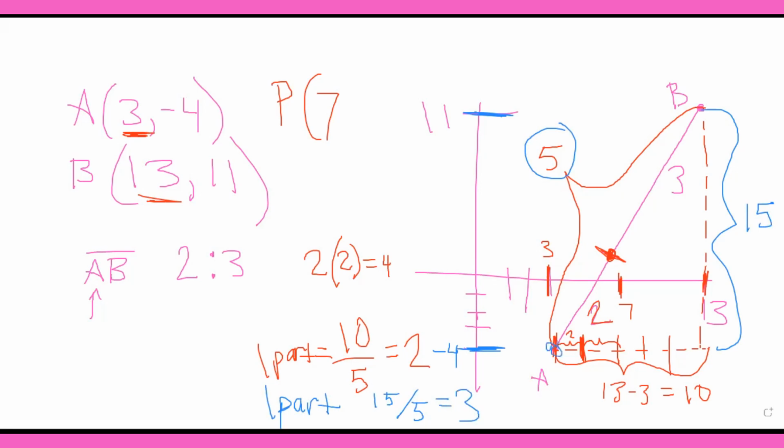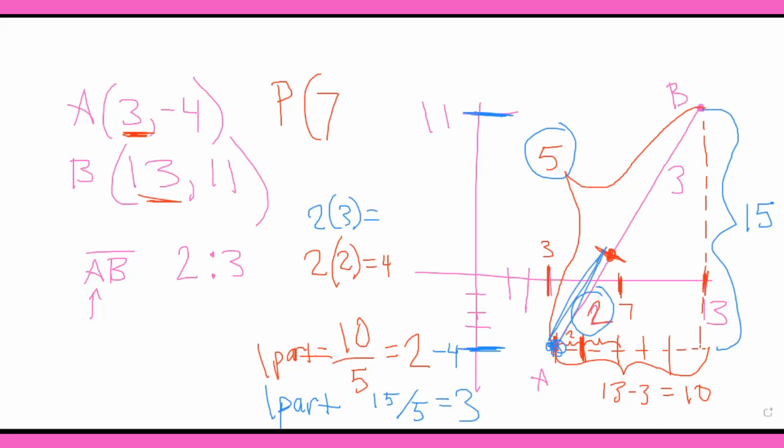And again, I'm deciding to go from the A. We could go 3 parts from the B, but since I already figured out the x direction, I'm just going to start with the A as well. So that means if 1 part is 3 in the y direction, 2 parts would be 6, because each part is 3 and I need 2 parts because I'm doing a 2 to 3 ratio.